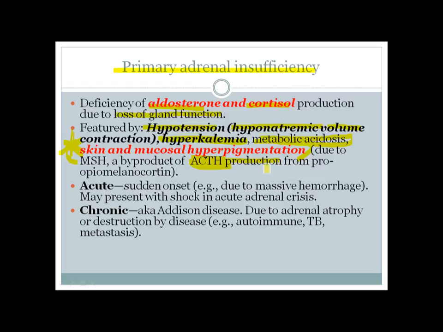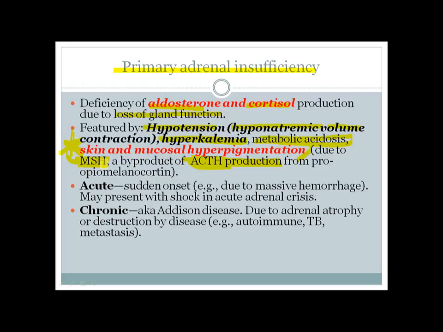But as you can remember, CRH stimulates the production of the precursor of ACTH, which is pro-opiomelanocortin, and this pro-opiomelanocortin ultimately gives rise to not only ACTH but also MSH. So the corticotropin releasing hormone stimulates the synthesis of both ACTH and MSH, and as the synthesis of pro-opiomelanocortin is increased, there will be increased synthesis of both ACTH and MSH.